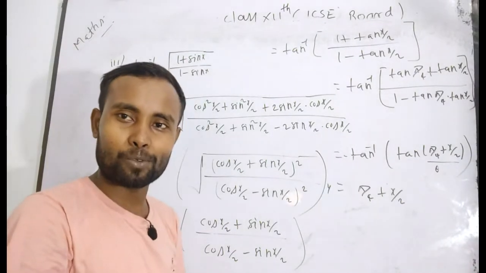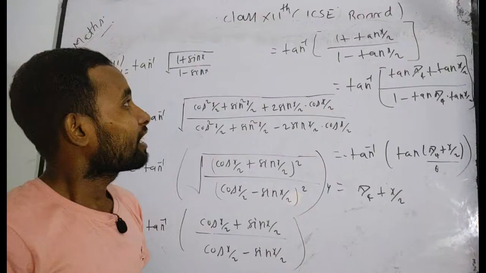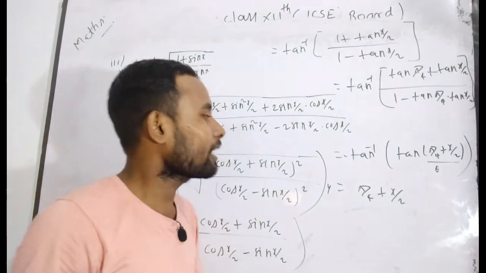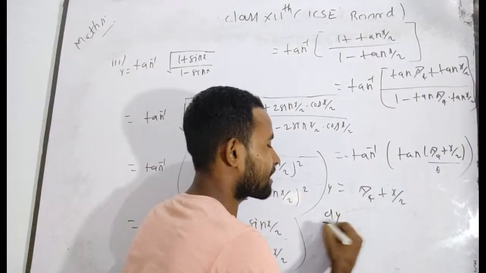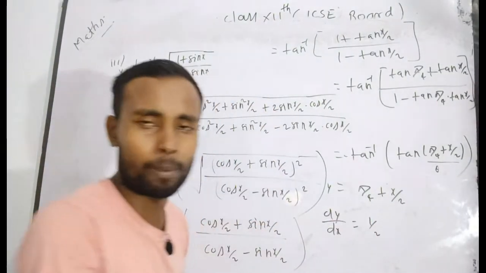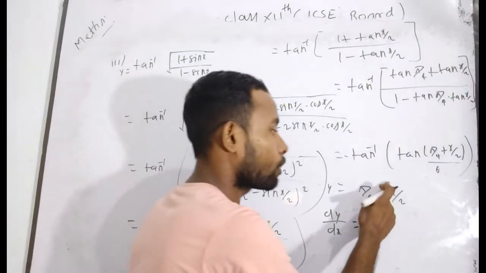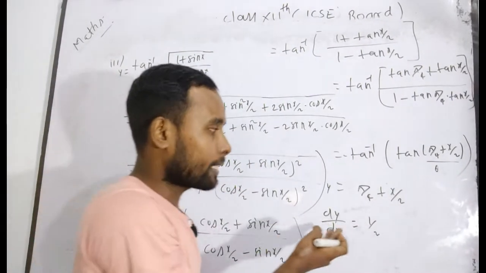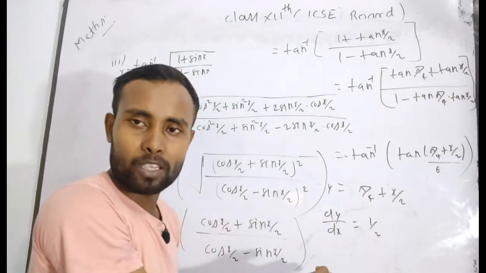Now you can tell me, sir, this problem is simplified. Now if you differentiate this function, you will get in simple form dy by dx is equal to 1 by 2, because the derivative of pi by 4 will be 0. Here 1 by 2 can be taken out of the derivative, and the derivative of x with respect to x will be 1.